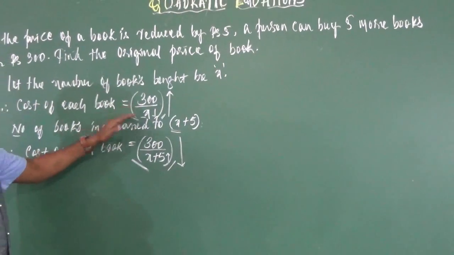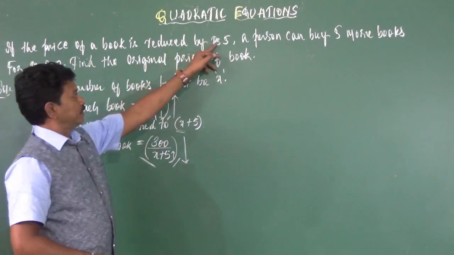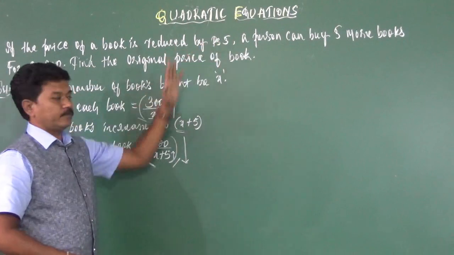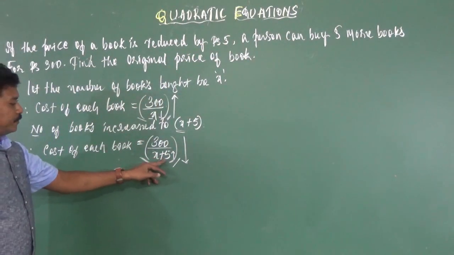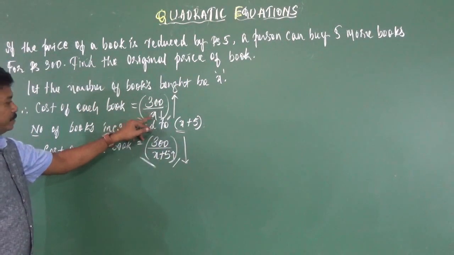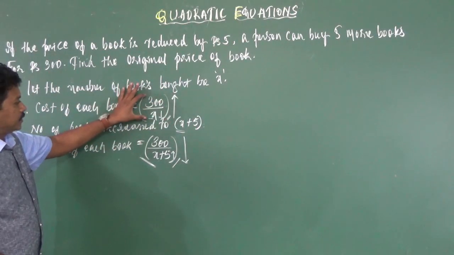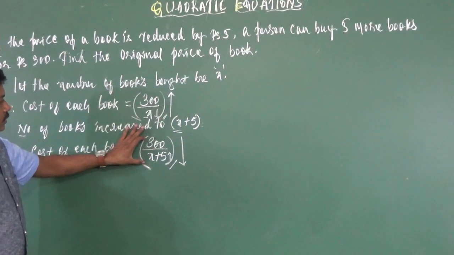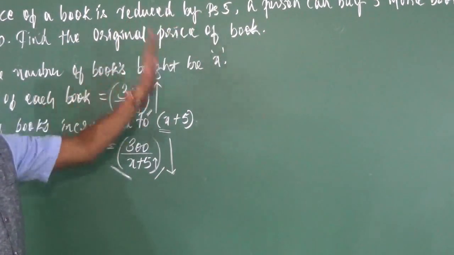So the cost of each book when you buy X plus 5 books is less, and when you buy X books is more. The difference between these two costs is ₹5.